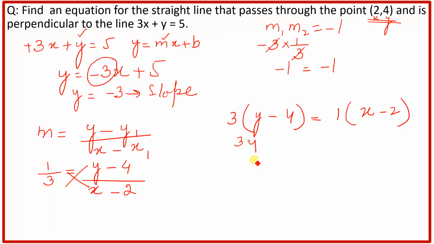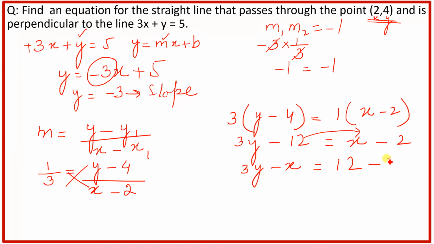So 3y minus 12 is equal to x minus 2. So 3y minus x equals, taking this negative 12 to the other side, it becomes positive, negative 2 plus 12, which is equal to 10. So 3y minus x is equal to 10, and this is the required equation and the solution.